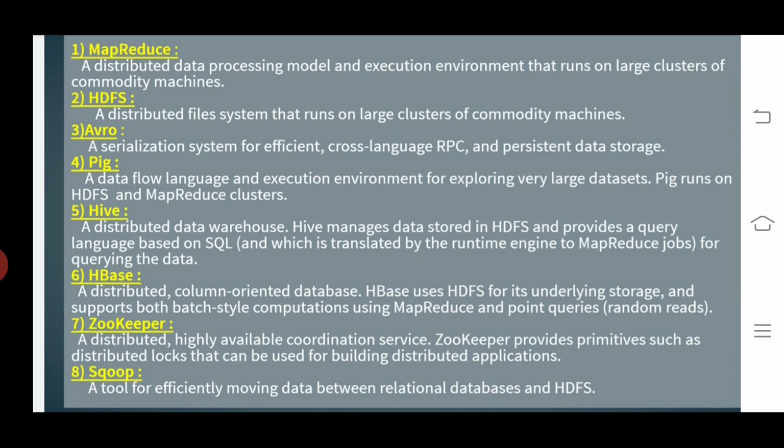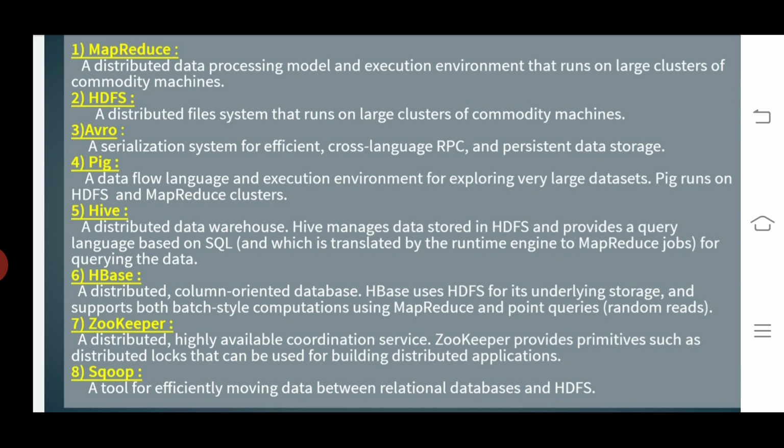It is a distributed data processing model and execution environment that runs on large clusters of commodity machines. What I mean to say is that MapReduce is a distributed data processing model and execution environment that runs on large clusters of commodity machines.